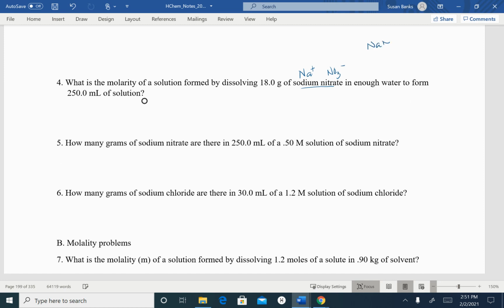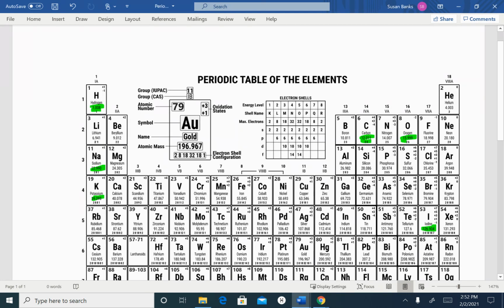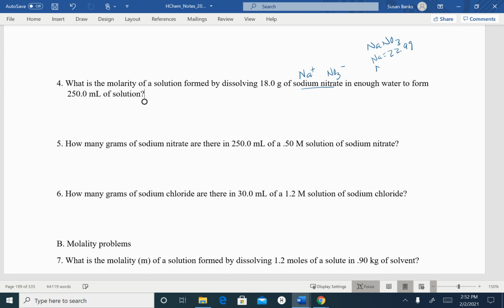We are also going to need to figure out the molar mass. Sodium is 22.99 when we look at our periodic table. Nitrogen is 14.01, and we've got one of them. And we've got 3 oxygens, so 3 times 16. We're going to add all of that up together.